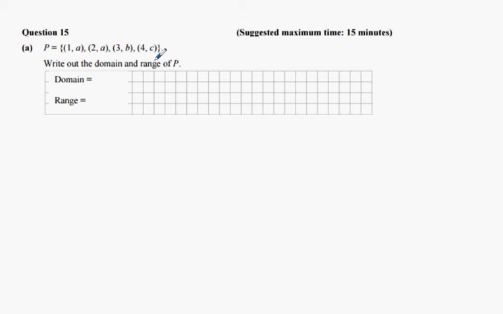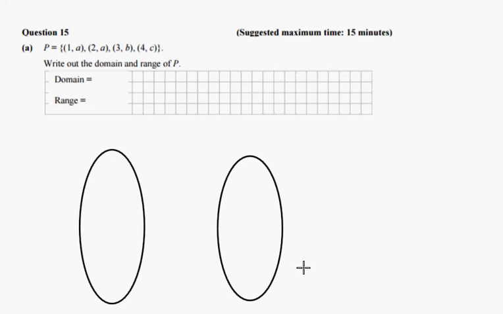Write out the domain and range of P. Okay, what's the domain? Can anybody remember what domain means? I'm going to draw a diagram here, just so you remember what each thing means. Okay, domain is the X values, or the inputs. The range is the Y values.